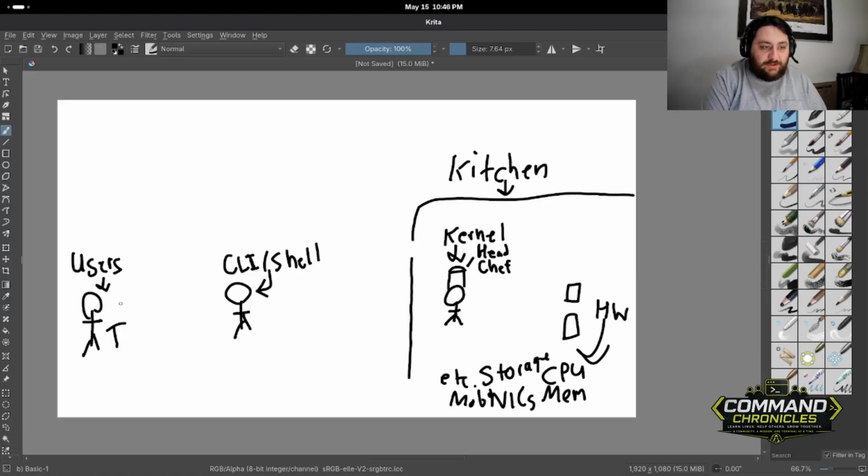So the user issues essentially a command to the waiter, and the waiter goes to the kitchen, or goes to the window, and issues the commands of the users to the head chef right here.